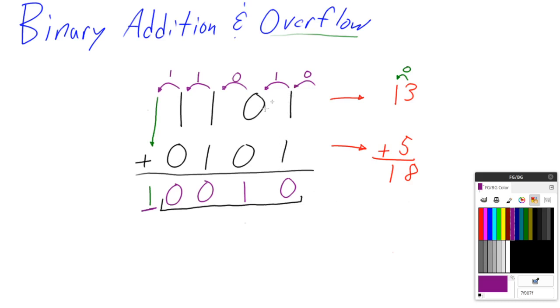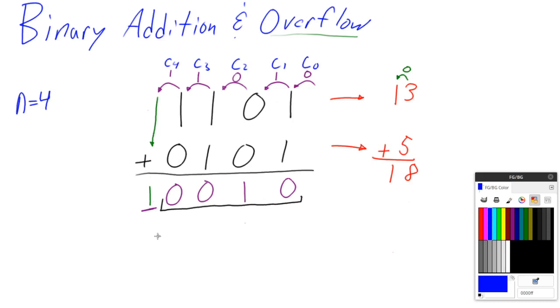Each column of addition has a carry number associated with it. So, for example, this is C0, this is C1, C2, C3, and C4. So this is a 4-bit sequence, so we'll say in this case n equals 4.